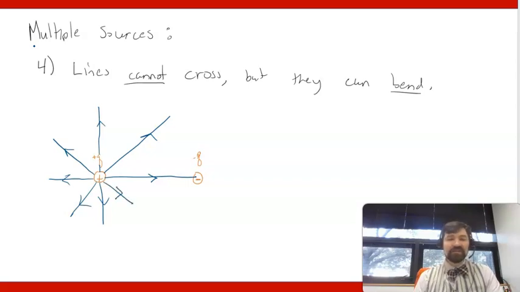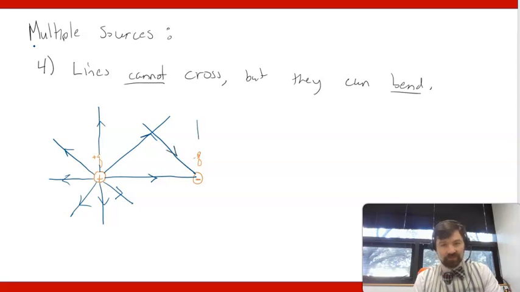Okay, that's 8. Now for this one right here, I'd have to have a line coming in like this. One coming in basically like this. One in like this, one in like this, one like this. Let's draw this line continuing a bit more. One would come like this, and then one would come like this.